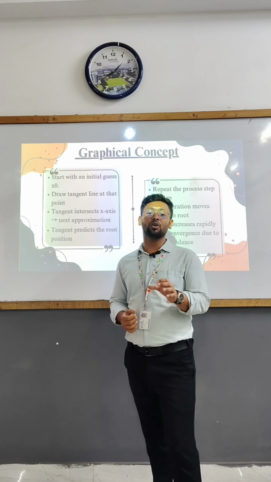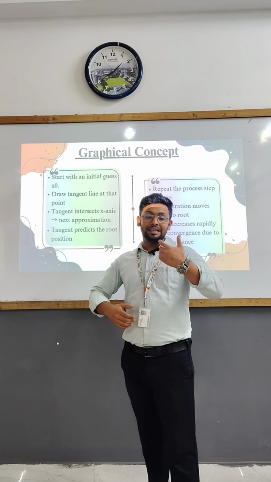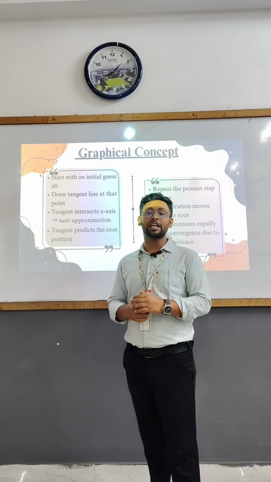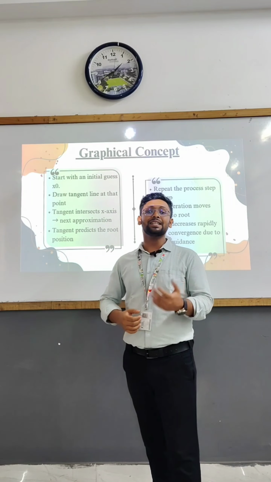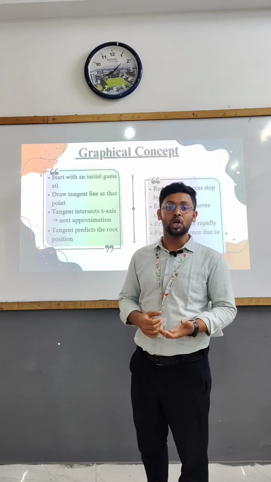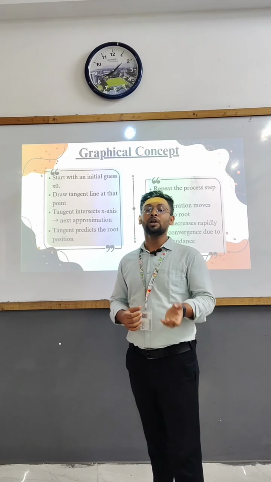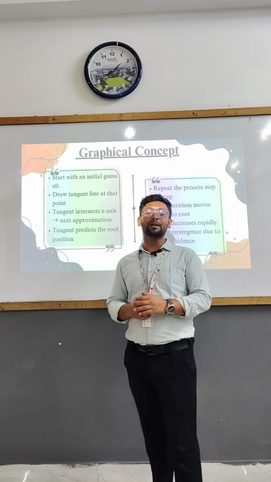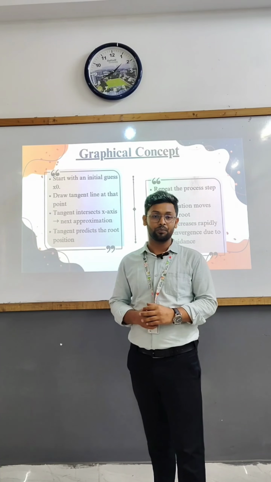Then at that point on the curve, we draw a tangent line. This tangent line intersects the x-axis at some point. The intersection point gives us a better and new approximation of the root. So basically, instead of directly finding the root, we use the tangent line to predict where the root is likely to be. Each time we repeat this process, the value becomes more accurate and closer to the real root.